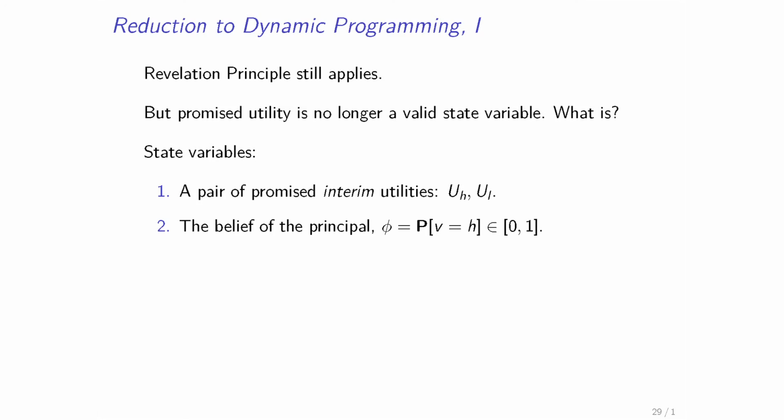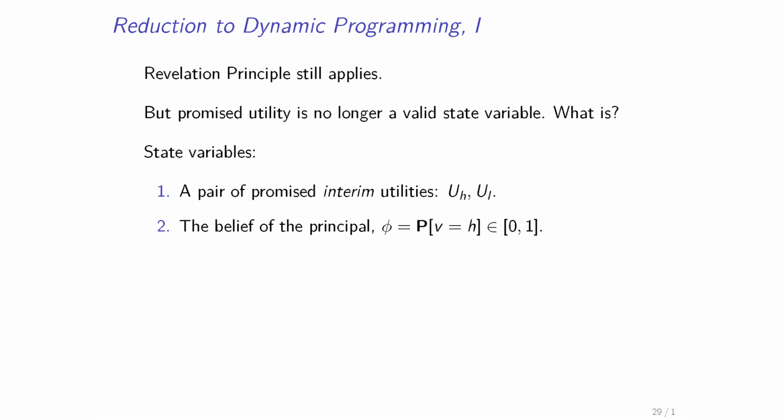So we cannot use a single promised utility to represent the value of this continuation policy to the agent. Instead, we have to use a pair of promised utilities. We call it a pair of promised entering utilities, UH and UL. So if you tell me your type is high today, your promised utility is UH. If you tell me your value is low today, your promised utility is UL.